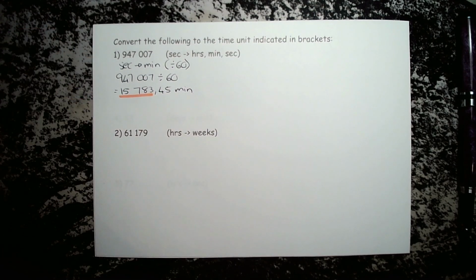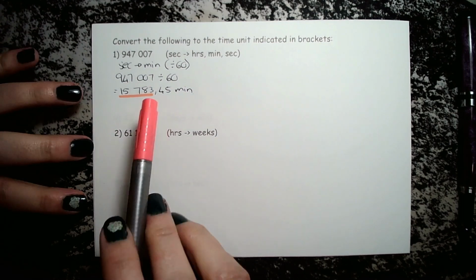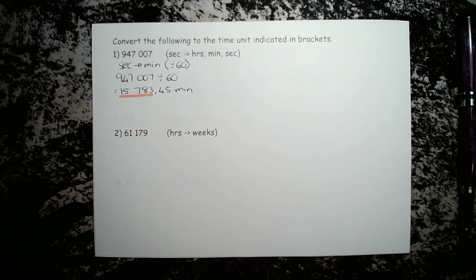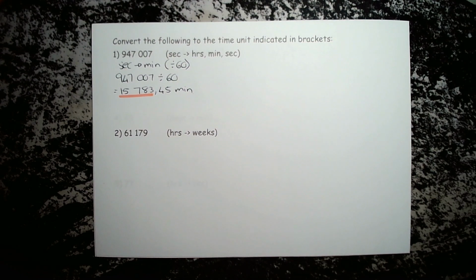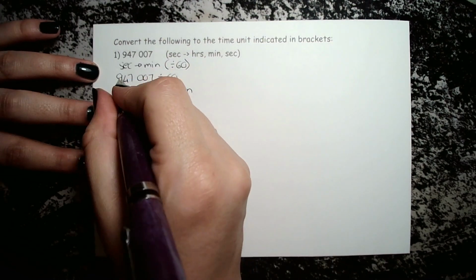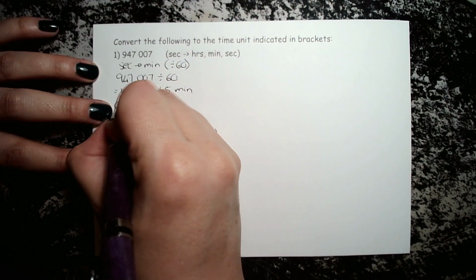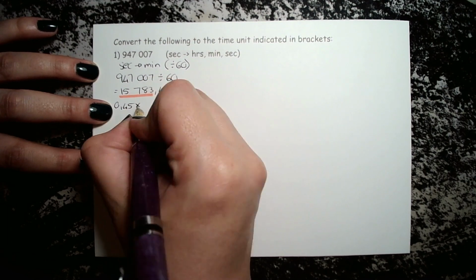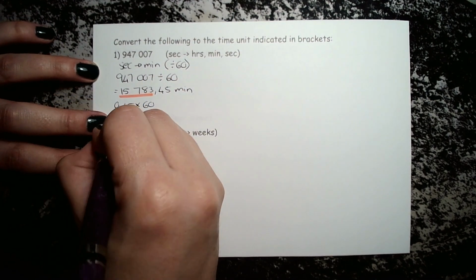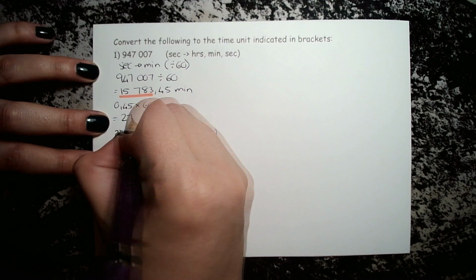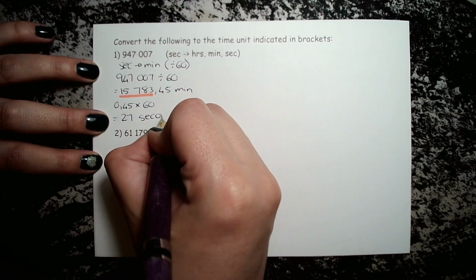That is the amount of minutes that we have. That 0.45 will stay seconds. I don't off the top of my head know what is 0.45 of a minute in seconds. I'm certain you don't either. So what we will do with that again is we will take that 0.45, multiply it back by 60 to get our 27 seconds.